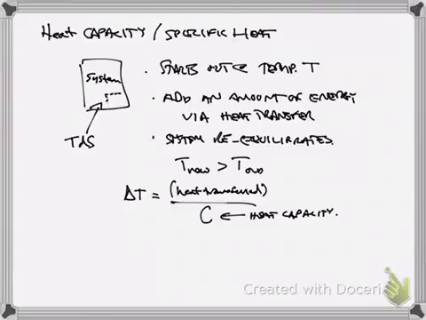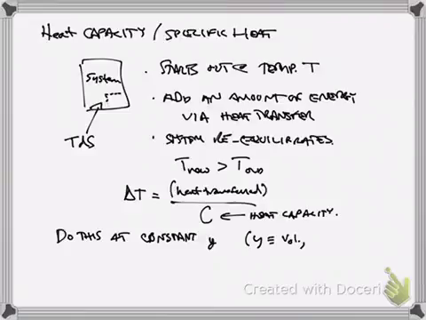Writing this more formally, we're going to do this under some conditions. We're going to do this at constant little y. I'm not telling you what that is. It could be constant volume, could be pressure, could be constant magnetization. There are different ways you can think about this for different systems, but we're going to hold some parameters y constant.